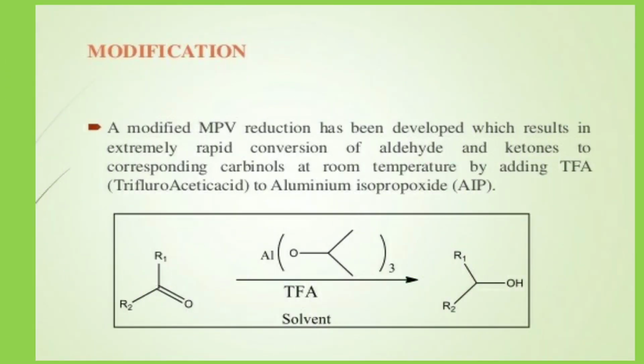Here there is a modification of the MPV reduction. The modified MPV reduction has been developed, which results in extremely rapid conversion of aldehydes and ketones to the corresponding carbinol at room temperature by adding TFA, that is trifluoroacetic acid, to aluminum isopropoxide.